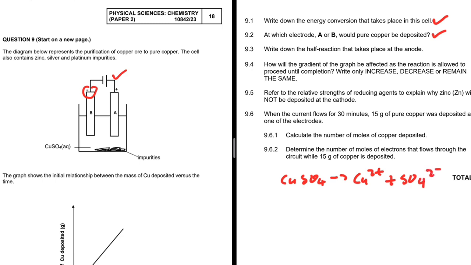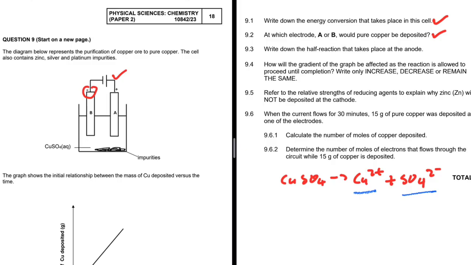This is a positive ion. This is a negative ion. The positive ion will get attracted to the negative electrode, which is B, and that's where a reduction is going to take place. So that is why I'm saying that the pure copper will be deposited at B, because it is negative, and the copper 2 plus will be attracted to the negative electrode, as positive and negative attract.